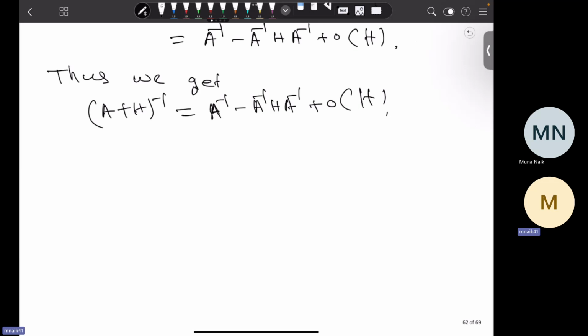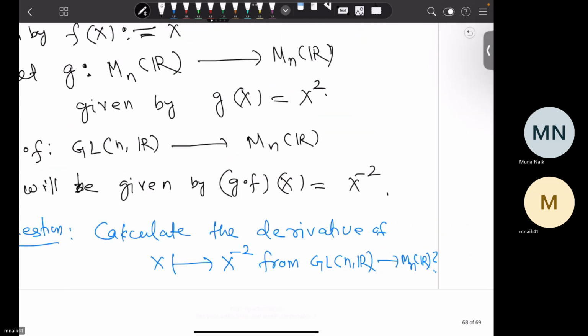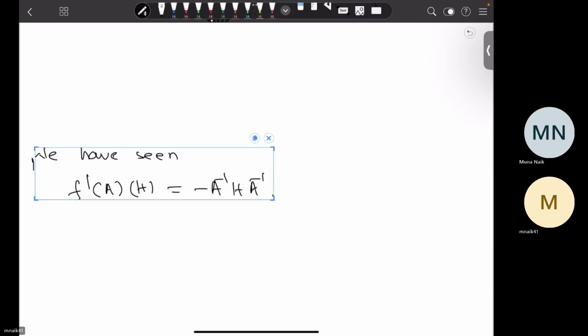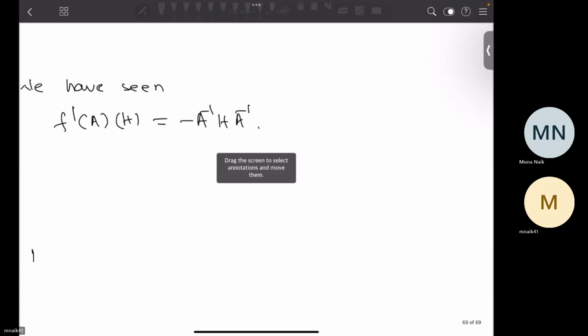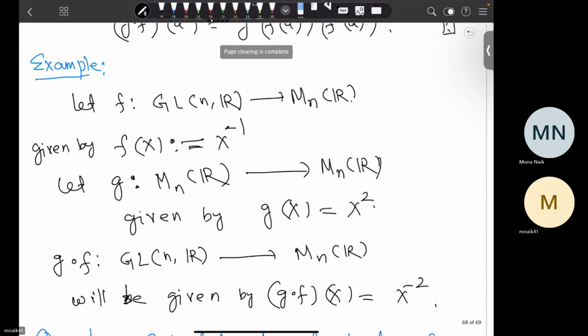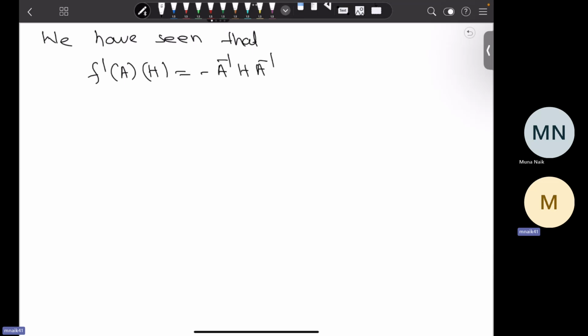Okay, so we have seen that f prime of a at h is nothing but minus a inverse h a inverse.